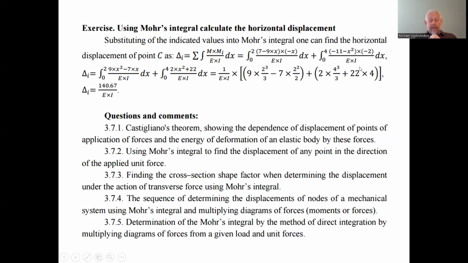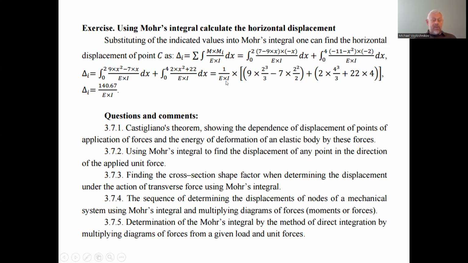We can derive the common factor out of the brackets here. The common factor is the fraction 1 divided by the rigidity, the characteristic of elasticity, and the moment of inertia of the transverse section of the elements of the mechanical system.